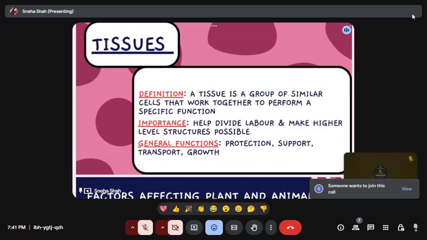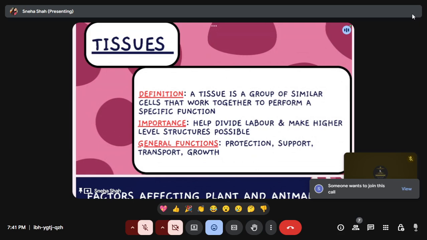Organelles in detail we will go ahead with in another session after we finish off with tissues. But organelles, as you know, they have their own individual functions. Similarly, tissues also have their own function. Okay, so the cells which perform a specific function are grouped together in a multicellular body, which gives you a tissue.